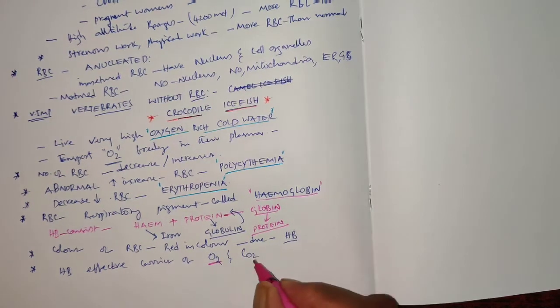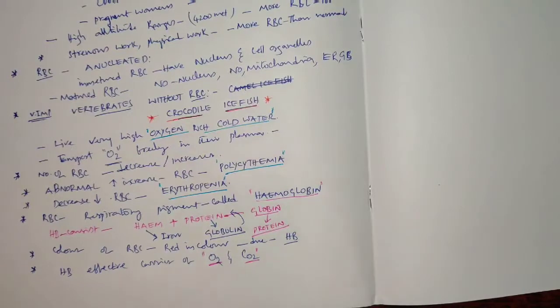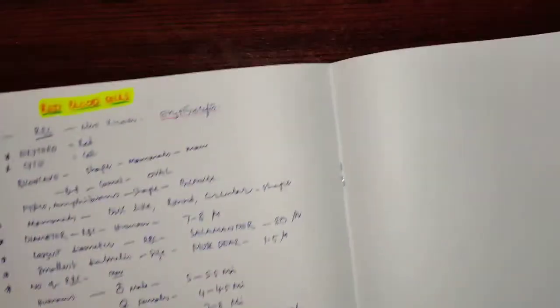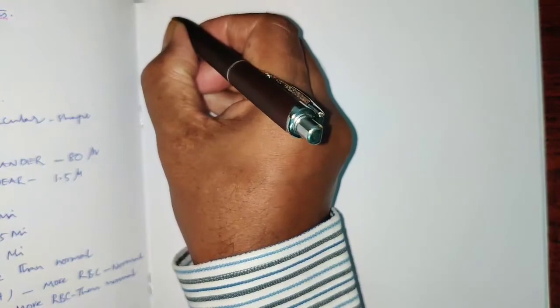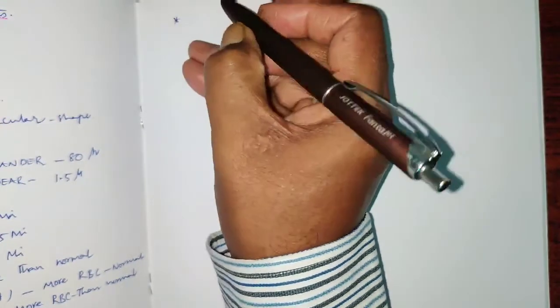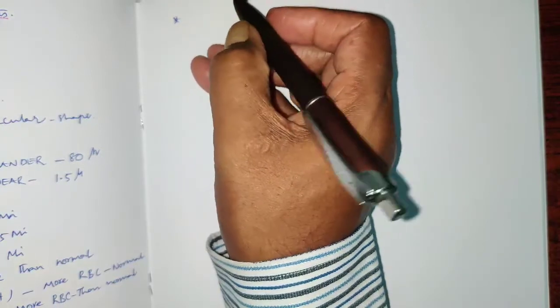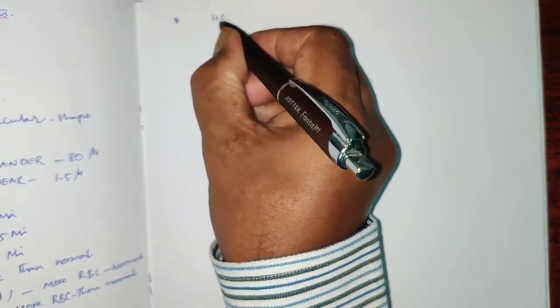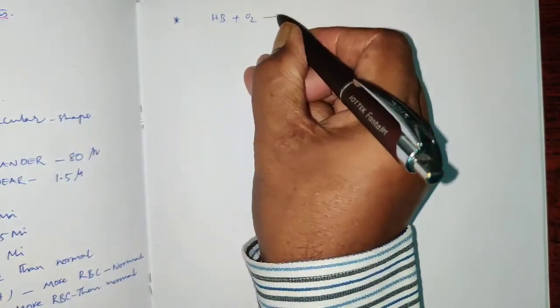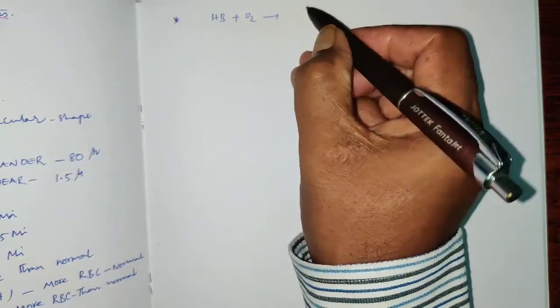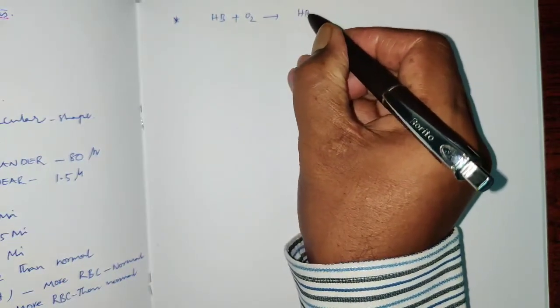Hemoglobin binds with oxygen and forms a temporary compound called oxyhemoglobin.